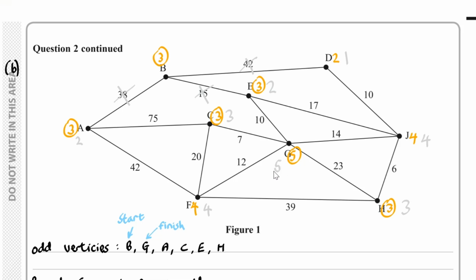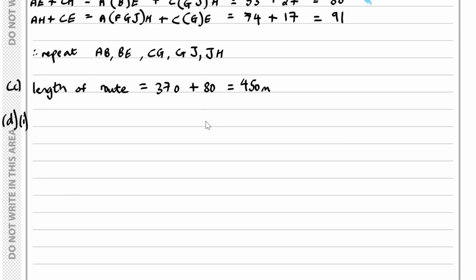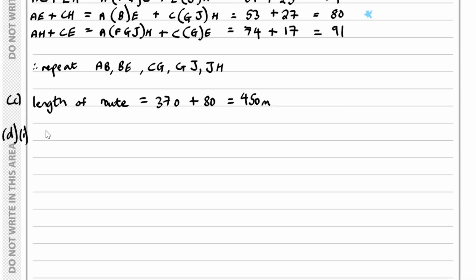Okay, so what we can now say is that, and we'll write this down in a different colour, if B is removed, then D, C, G and H are now odd. Okay?